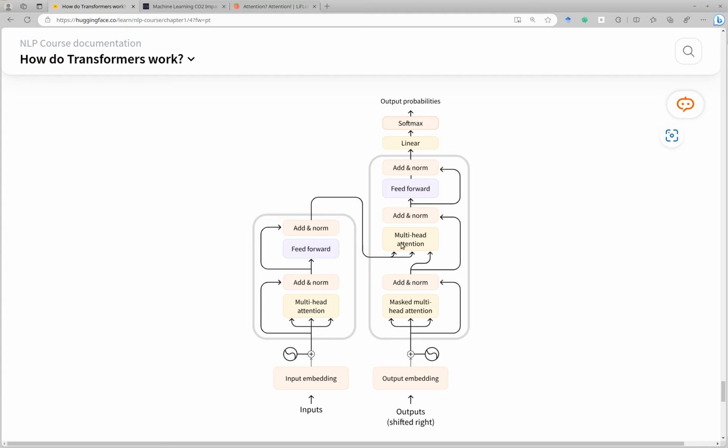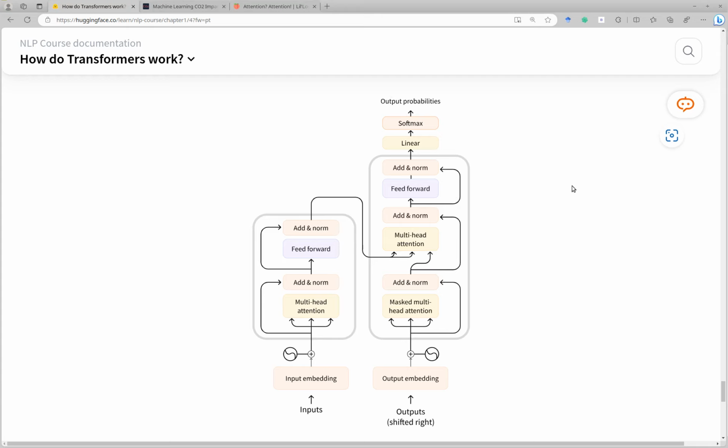And then again the output of the encoder and of the masked multi-head attention is passed into the multi-head attention layer, and it is then passed into the add and normalization, followed by feed forward, add and normalization, and finally a linear layer followed by the softmax activation function. And then we have output probabilities of all the tokens.